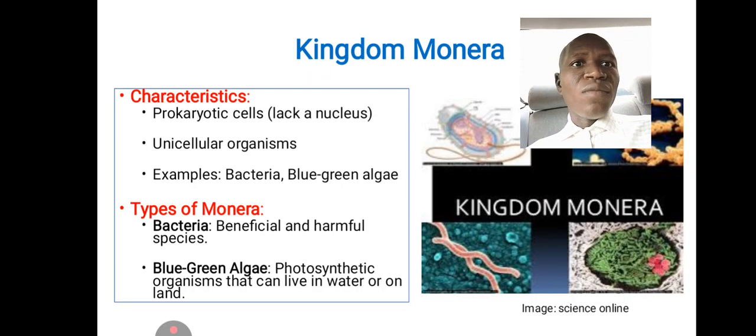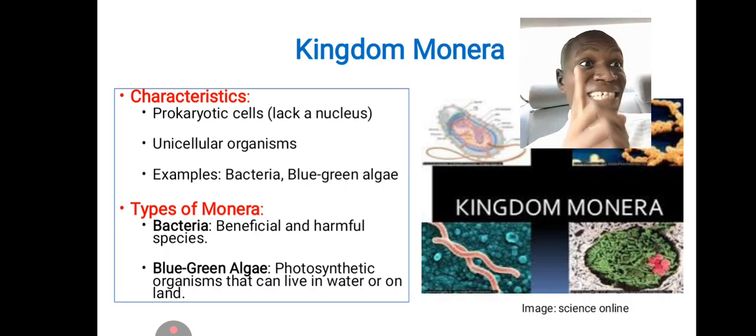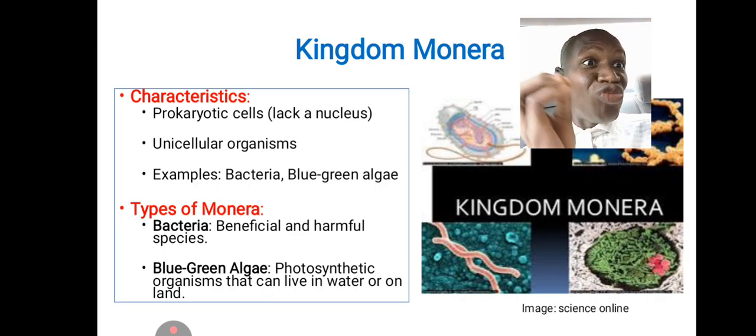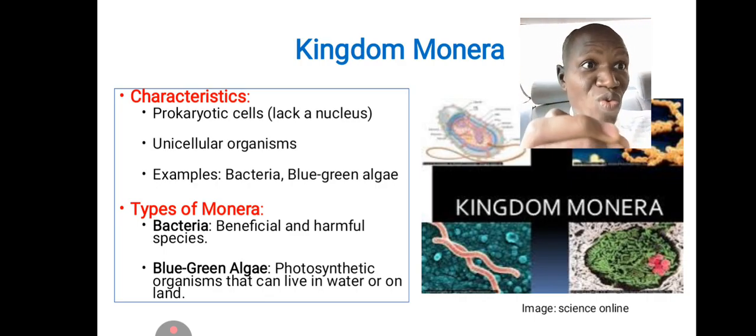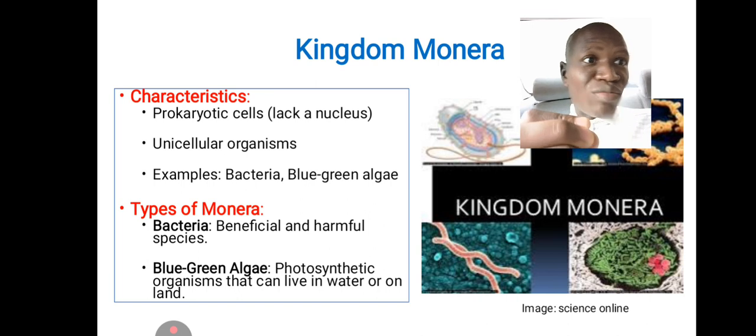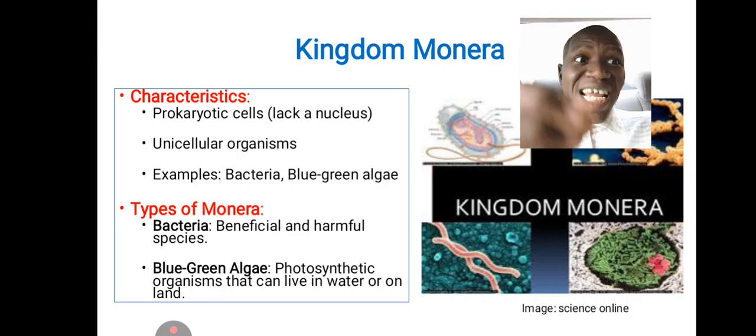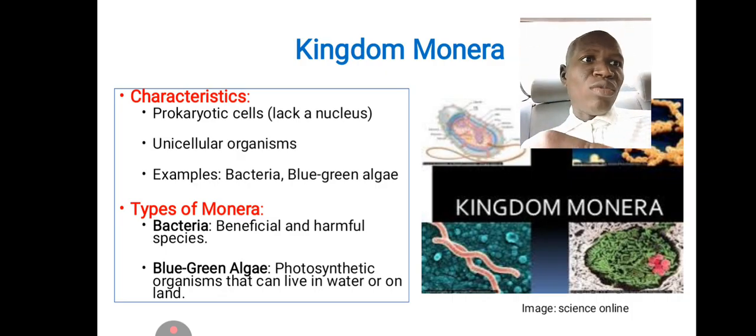Let's go on. All right, so what is the kingdom Monera like? What kind of organisms are classified under this? Know the characteristics. JAMB expects that under this topic, students should know the kingdoms and also know the characteristics of organisms that are found under each kingdom.